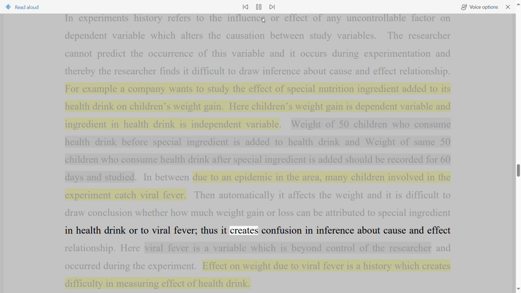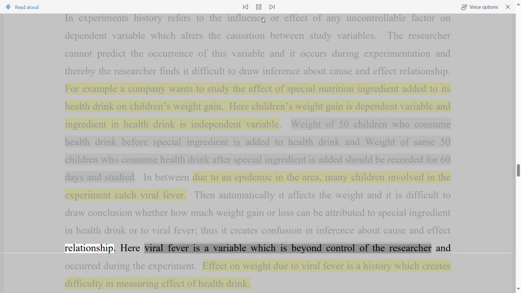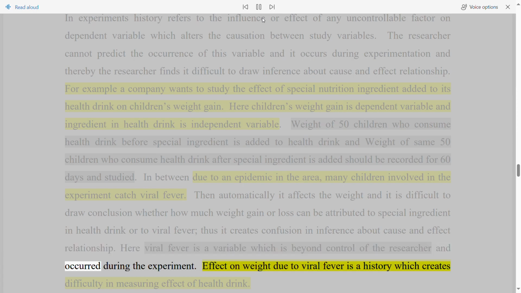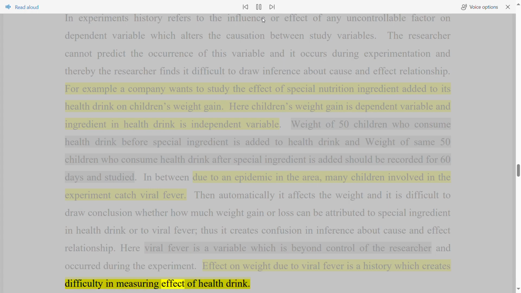Thus it creates confusion in inference about the cause and effect relationship. Here viral fever is a variable which is beyond the control of the researcher and occurred during the experiment. The effect on weight due to viral fever is a history which creates difficulty in measuring the effect of the health drink.